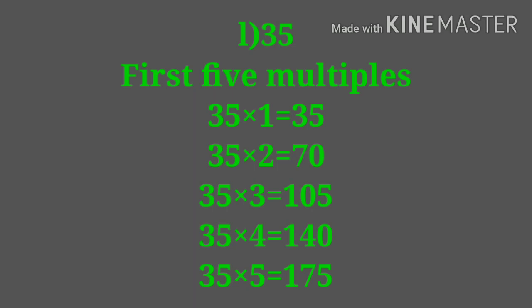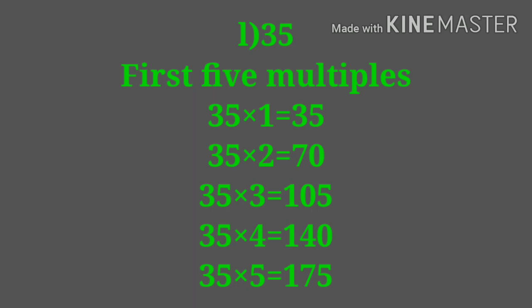In this way, by multiplying 35 by 1, 2, 3, 4 and 5, we get 35, 70, 105, 140 and 175. So 35, 70, 105, 140 and 175 are the first 5 multiples of 35.